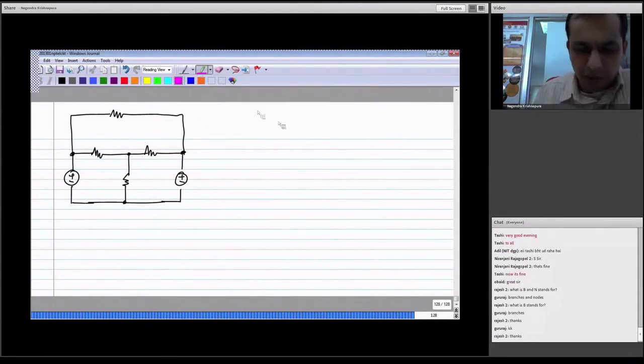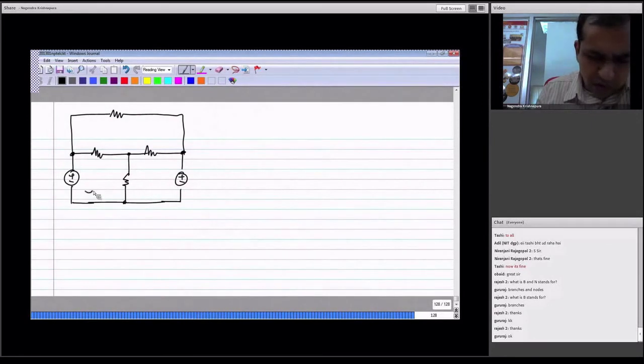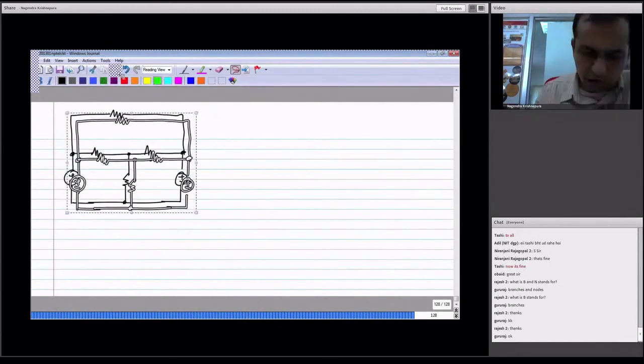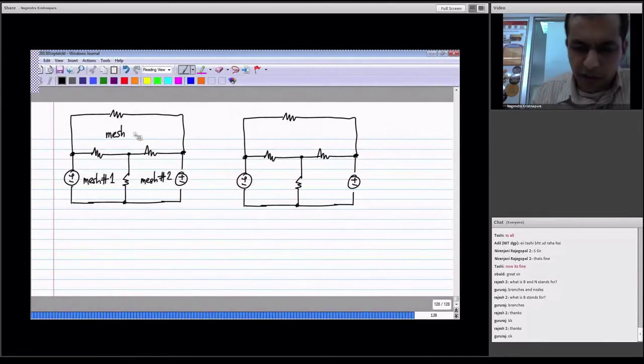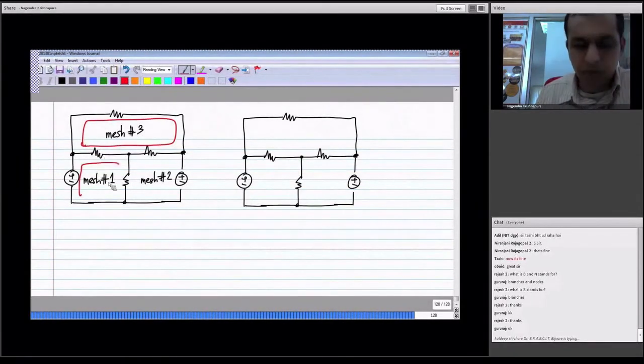Now, each of those regions, each of the states, if you will, is called a mesh. So I'll call it mesh number 1, mesh number 2, and mesh number 3. So mesh number 3 is this loop, mesh number 1 is that loop, mesh number 2 is that loop.